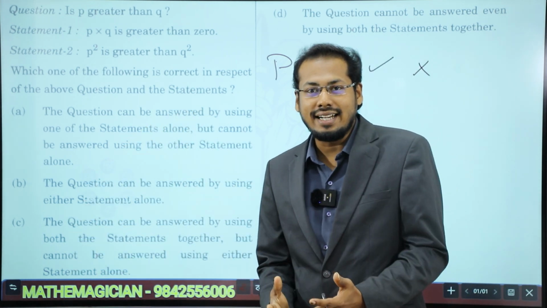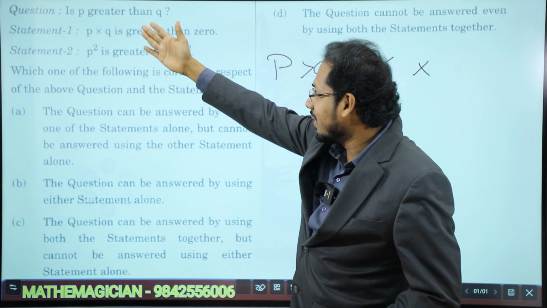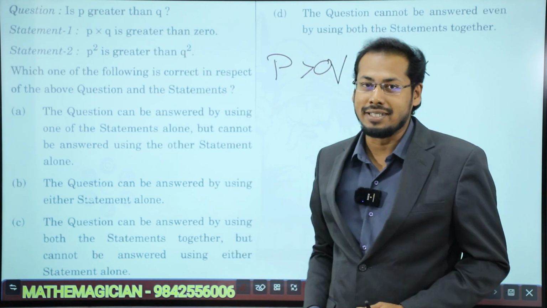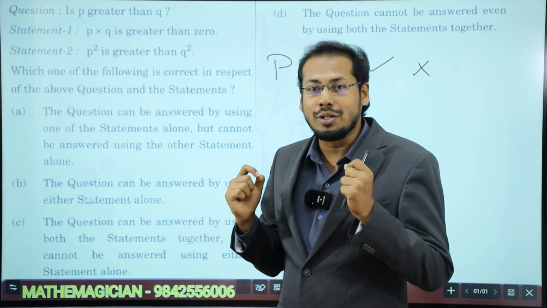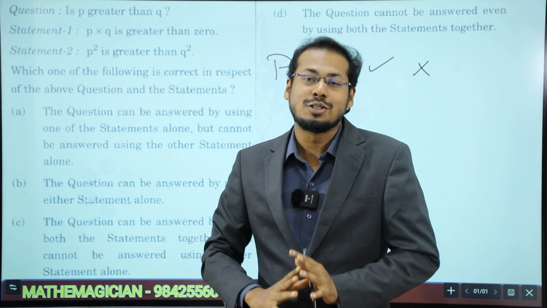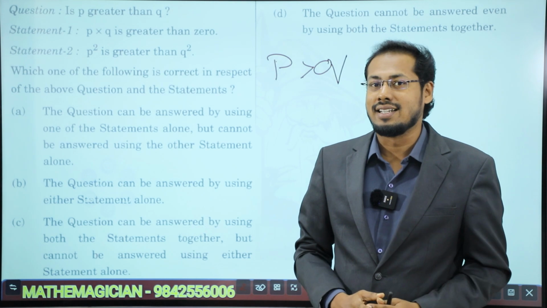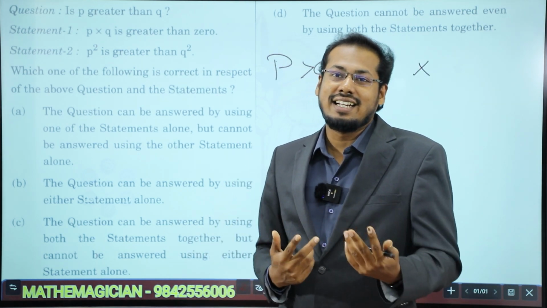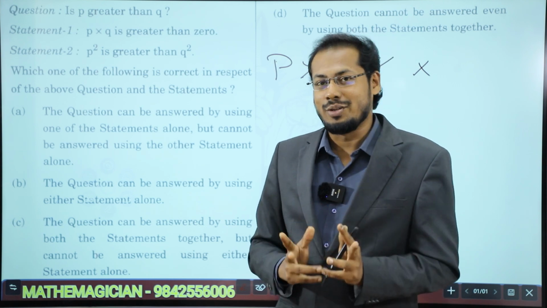So you should say that yes, P is greater than Q is right according to the given statements, or P is greater than Q is not right, it is wrong. That is also a correct answer. But if I can't find whether P is greater than Q or not, that is the issue.